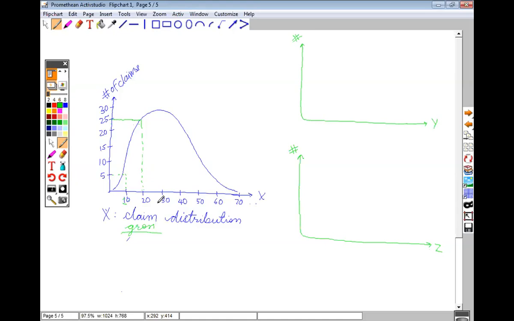So if I'm looking at proportional reinsurance, let me define my C here.